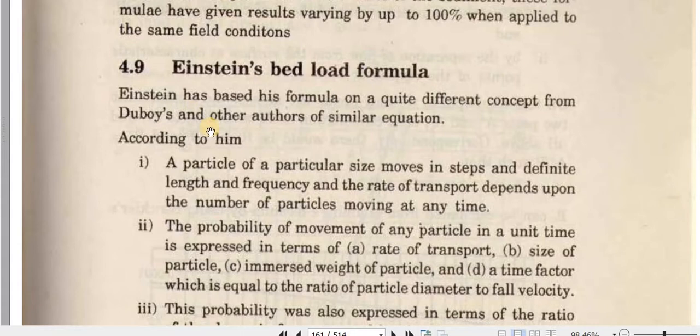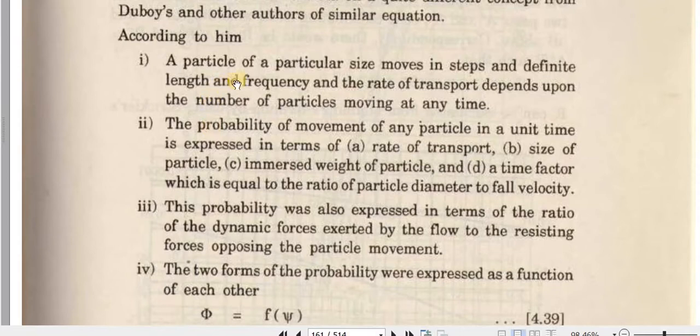Einstein basically provided a different concept as compared to Du Boys. He said a particle of a particular size moves in steps of definite length. Definite length means if a particle is lifted in the water, then after a specific length, for example 200 meters or 400 meters, it will be dropped back, and another particle will be lifted. The frequency and rate of transport depend upon the number of particles moving at any time.